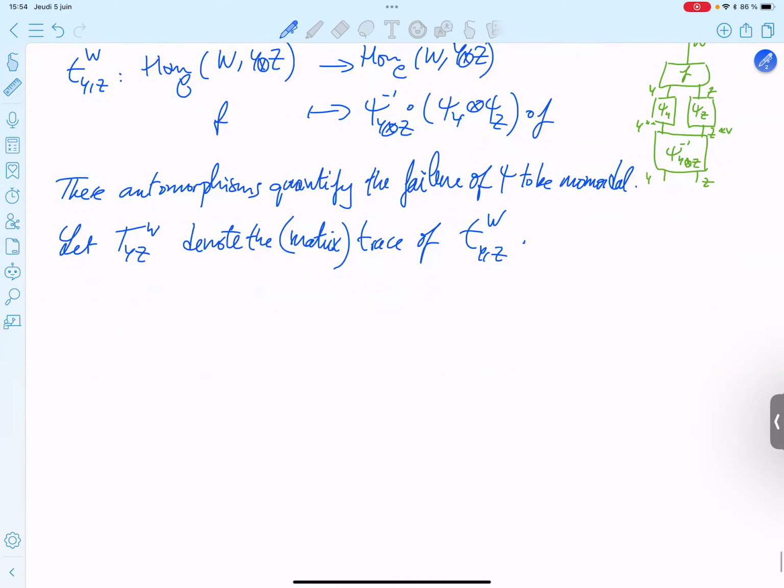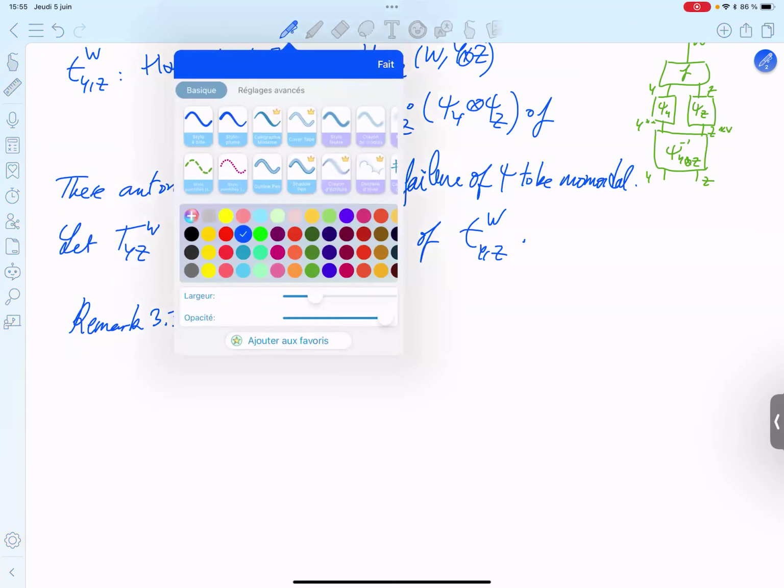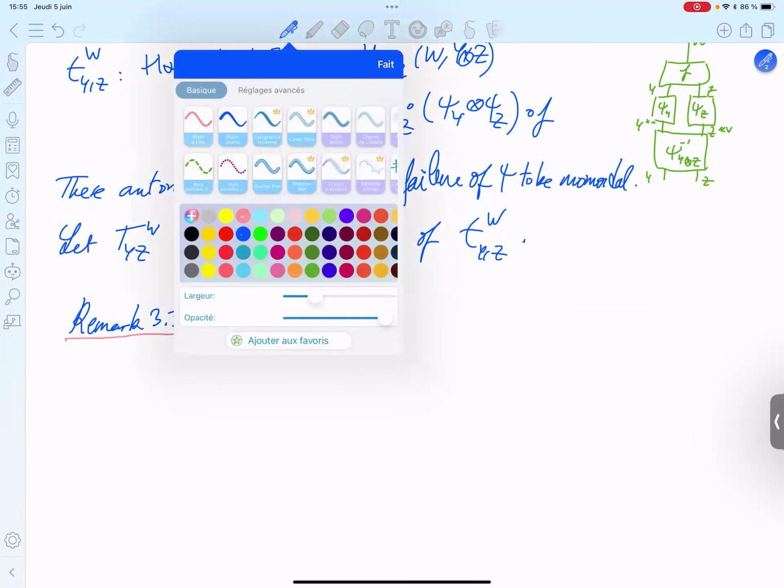So a remark which may not be used later: it's possible to choose the natural isomorphism in such a way that this number, this trace, is an integer. But we will not need that.